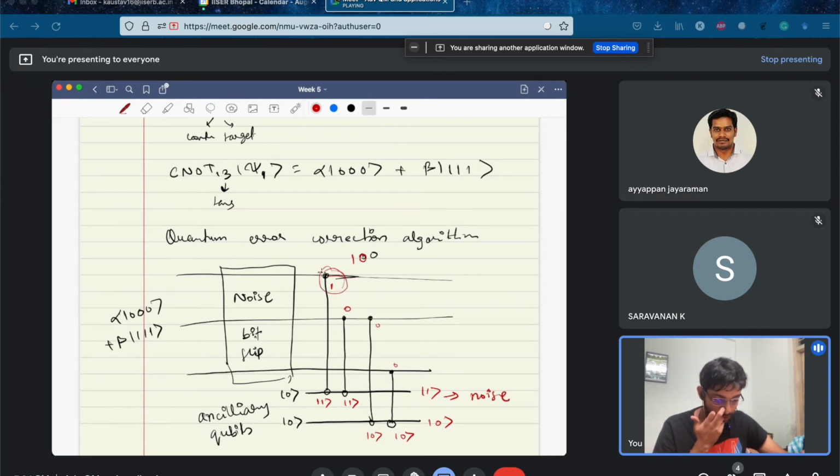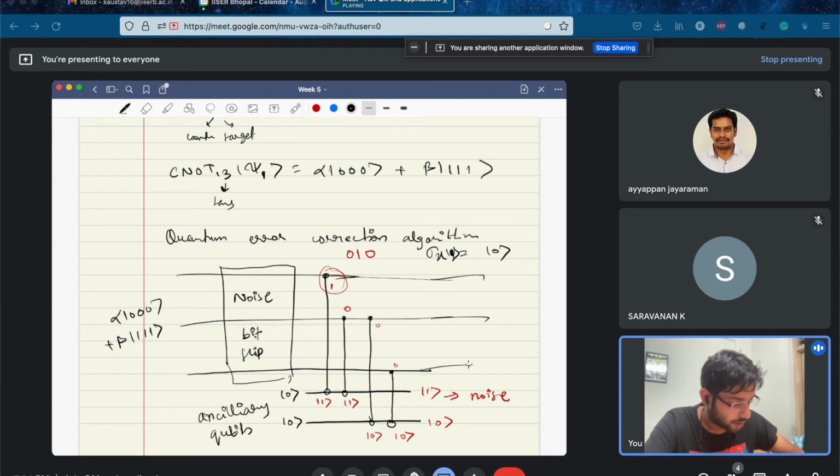Okay, similarly, if you take, let's say, 010, you will have a different set of such things, and based on that, you can actually identify where the error has happened, and you can implement a sigma x onto that particular bit to flip it, let's say the bit is 1, you get a 0, and you actually get the original information out, right? So what we call that is your correction.